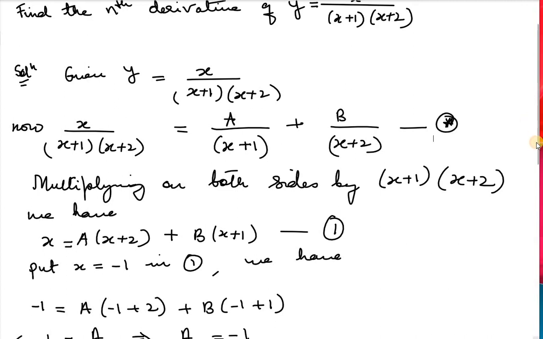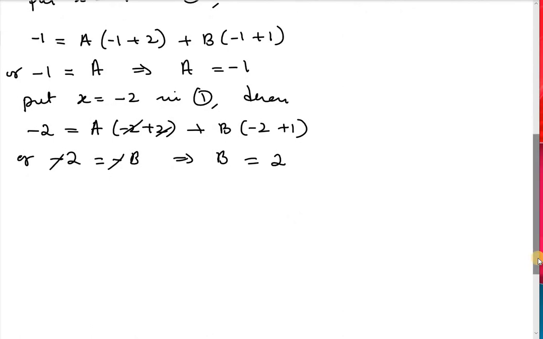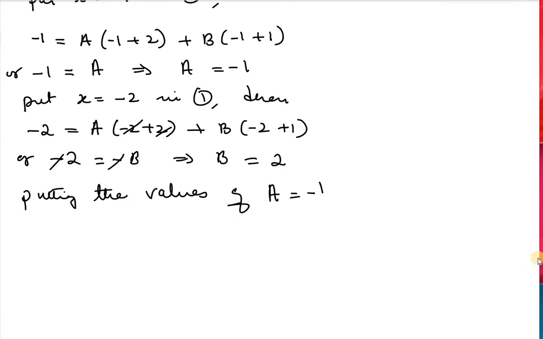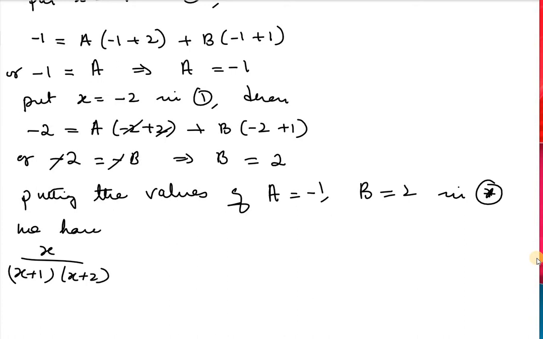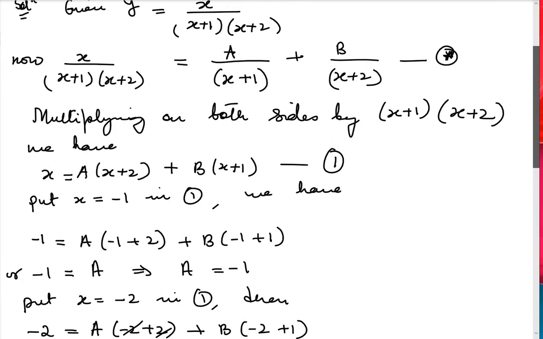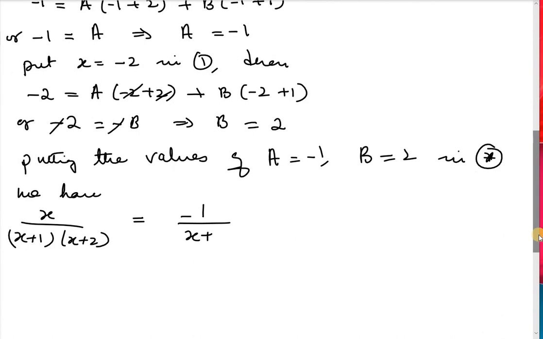So putting the values a is equal to minus 1, b is equal to 2 in equation star, we have x by x plus 1 into x plus 2 equal to a, that is minus 1 by x plus 1, plus b, that is 2 by x plus 2.